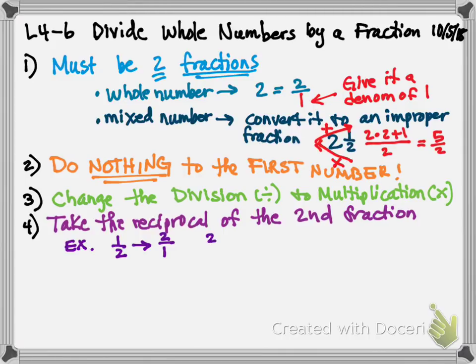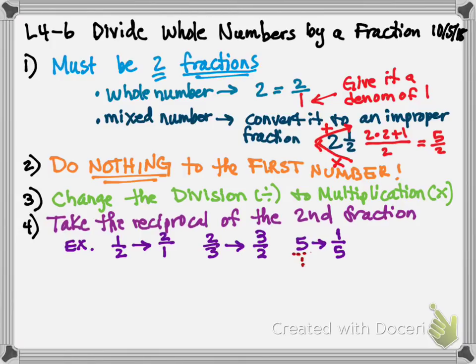So if I have 2/3, my reciprocal would be 3/2. If I have a whole number, 5, remember there's an imaginary 1 underneath it because 5 and 5 over 1 are the same. So when I take the reciprocal, I get 1 over 5.